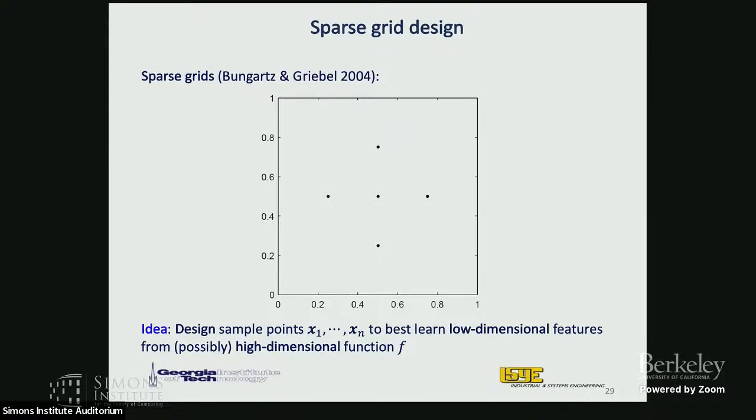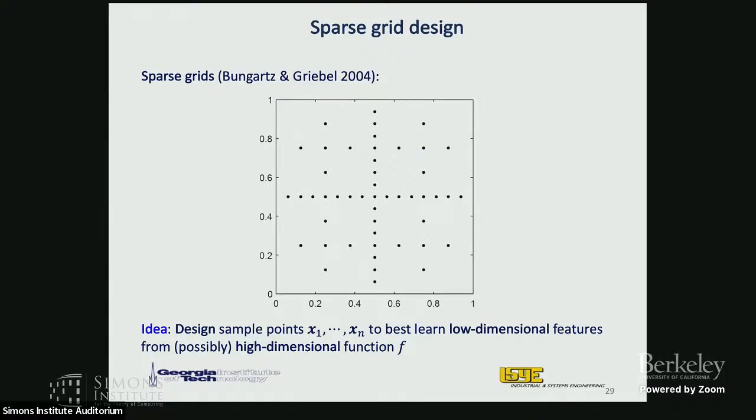The idea is to use a smaller number of points to understand the low-dimensional features. This is 2-dimensional, but it's actually for high dimensions. They add points in a very specific way that I would never have thought of, because they know from the numerical side: if I add points this way, whatever has been done will be incorporated in the larger one and not just repeat the computation. This is called sparse grid.